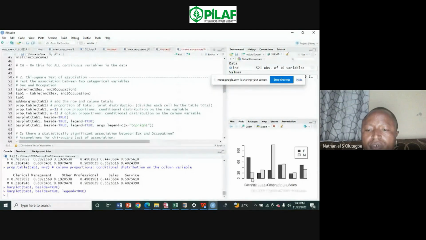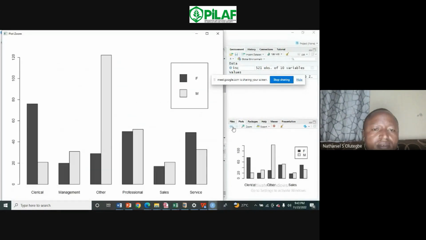We can see that female are more here as clerical workers than male, but I think we can zoom it. Yes, we can see here that we have more female as clerical workers than male.